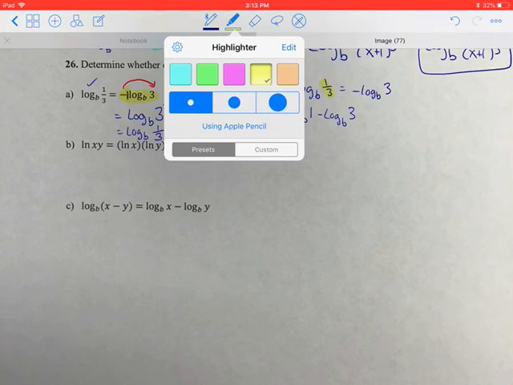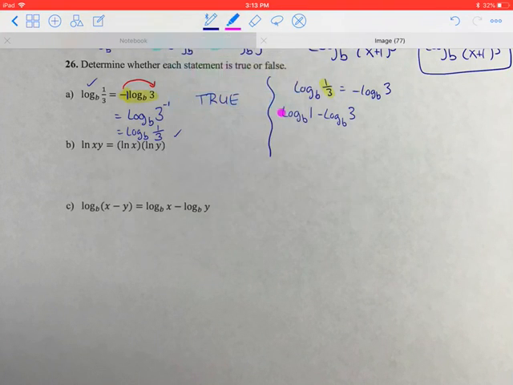But if we look at log base b of 1, I'm thinking b raised to what power gives me 1? And that would be a 0. So this whole thing becomes 0, and the 0 drops out. And now this side matches with this side. So I think that's a slightly harder way to do it, but that's two ways to do part A.